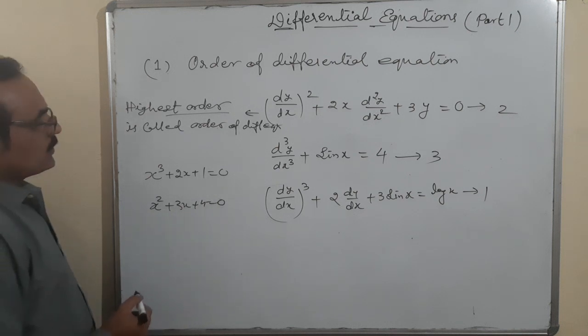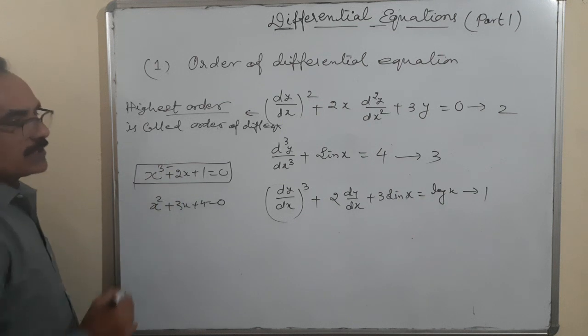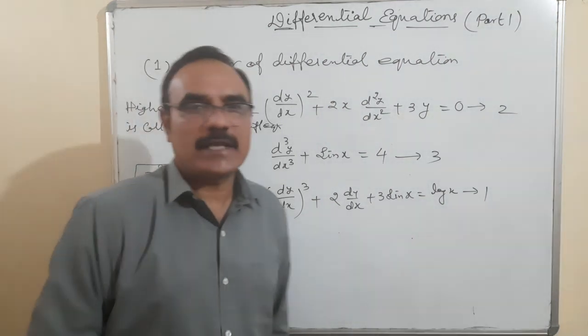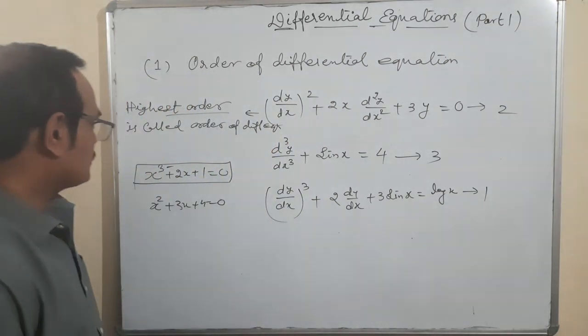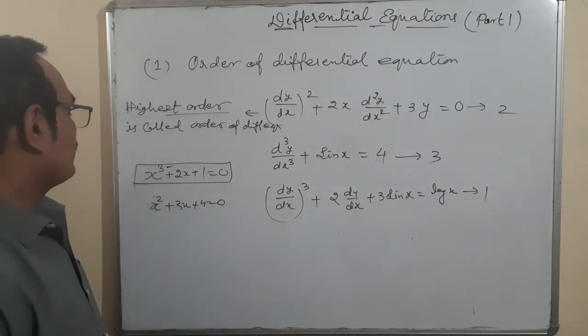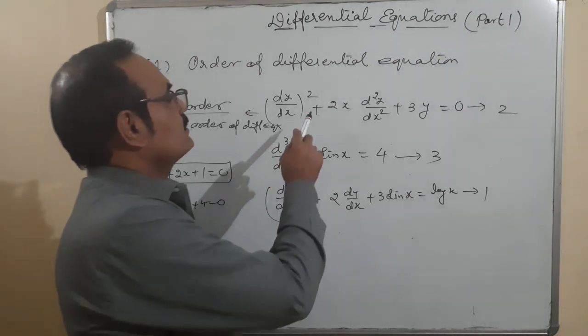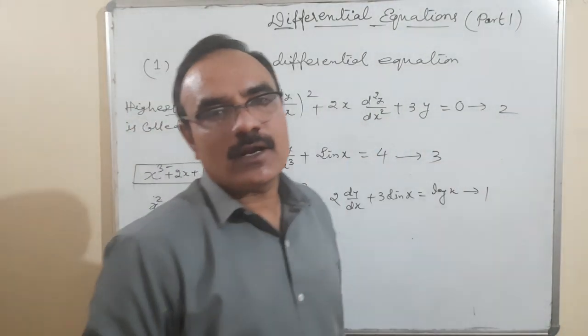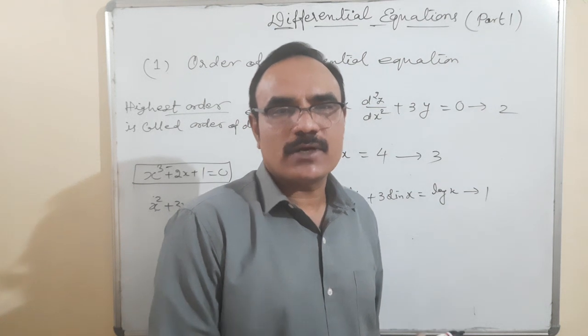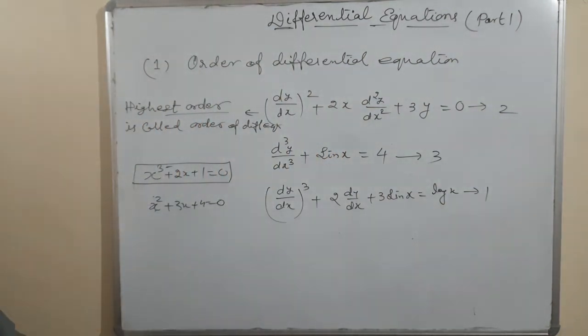Here the highest order is 3, which means we can get a maximum of 3 values of x. Here a maximum of 2 values is possible. The highest order is called the order of the equation.